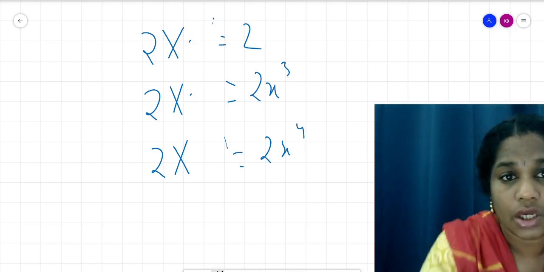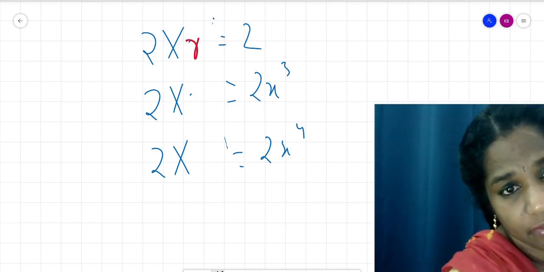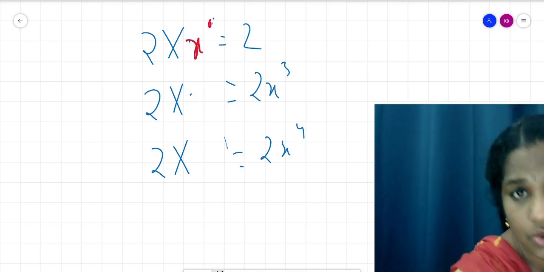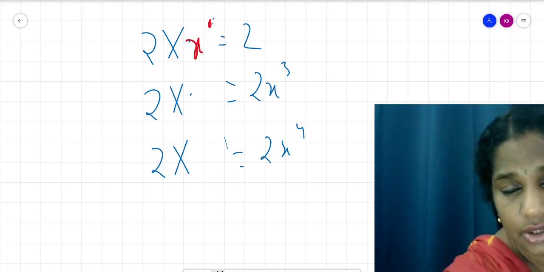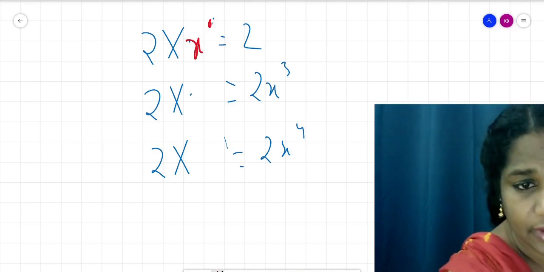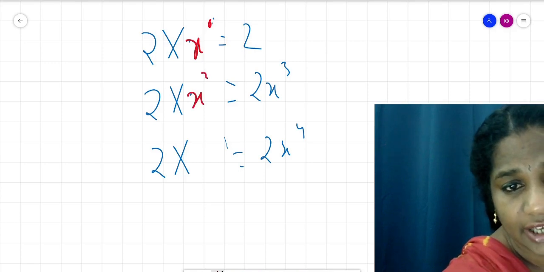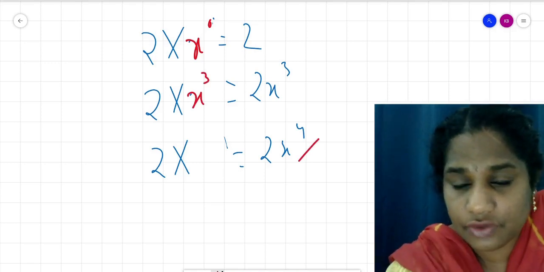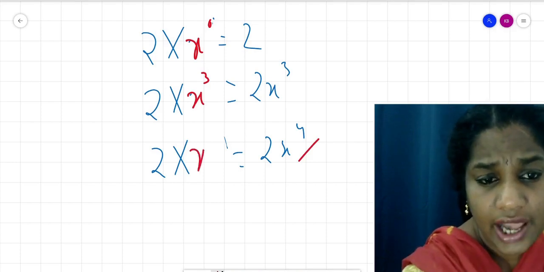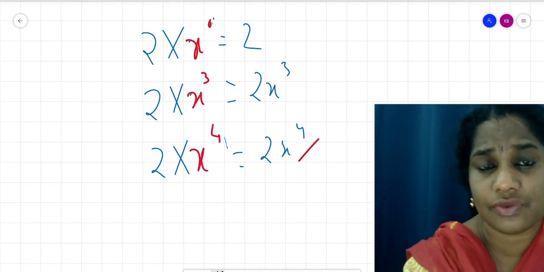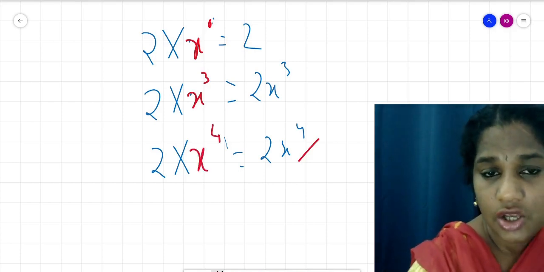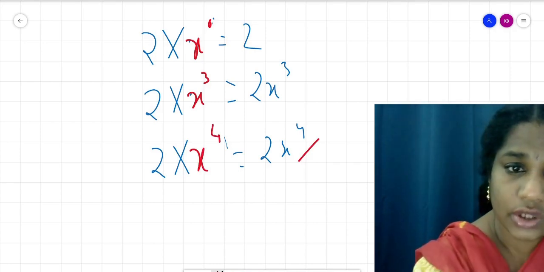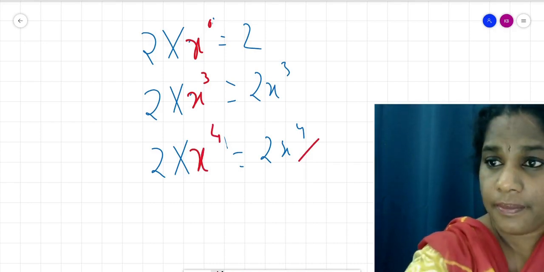This is 2. So definitely they would have multiplied with x raised to 0. This is 2x raised to 3. So definitely they would have multiplied with x raised to 3. This is 2x raised to 4. Yeah, they would have multiplied with x raised to 4. Right? So it's easy. You know the degree looking at the number.